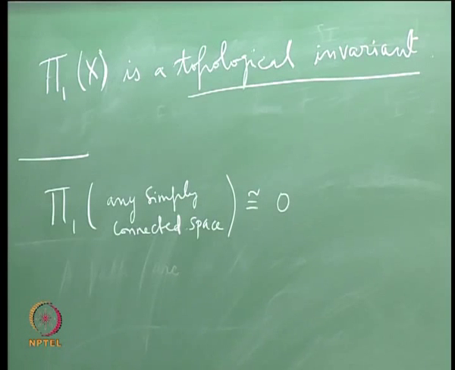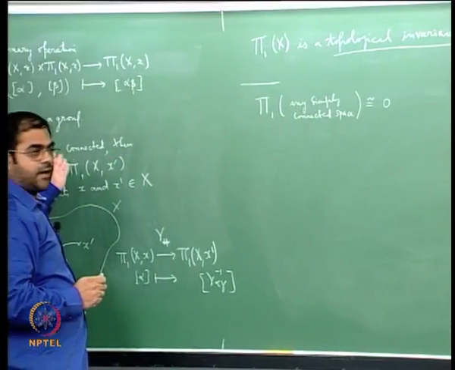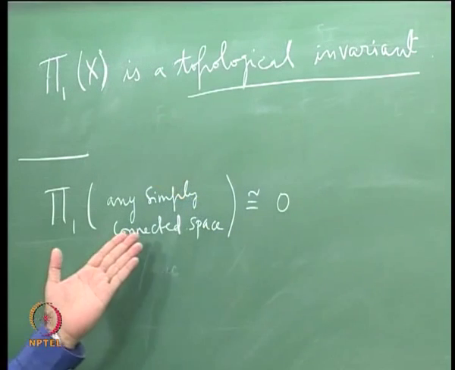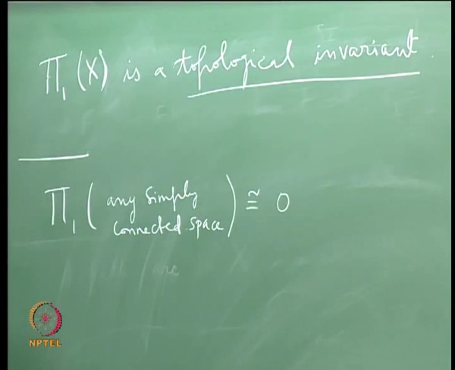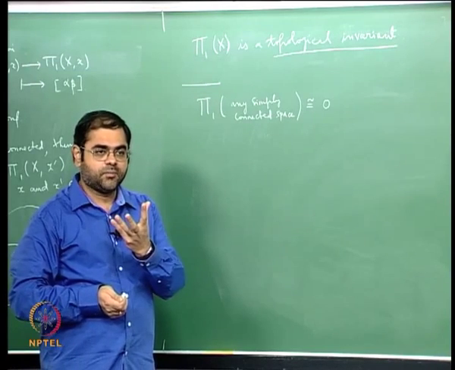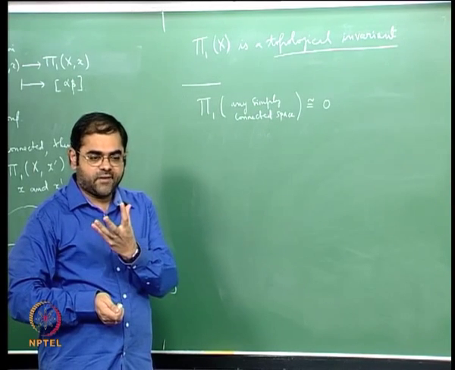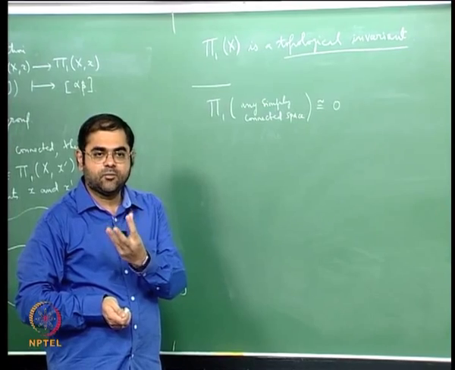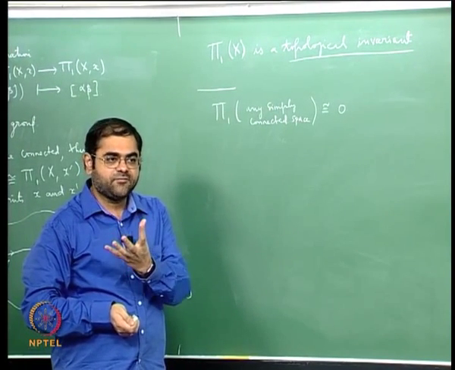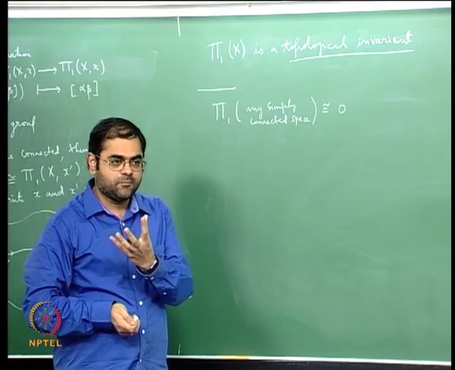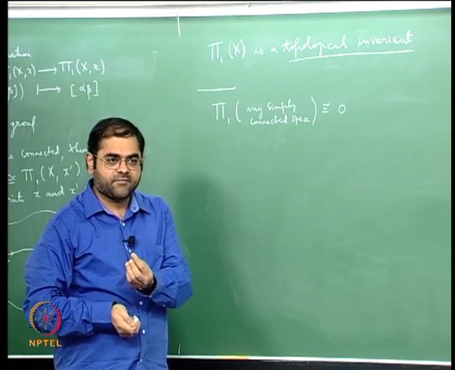When I write this, of course I am assuming that it is a topological space which is arcwise connected, and by simply connected I mean that every loop can be continuously shrunk to a point. And if I can shrink a loop continuously to a point, it means that I can deform that loop to the constant map at that point, which is the identity element.